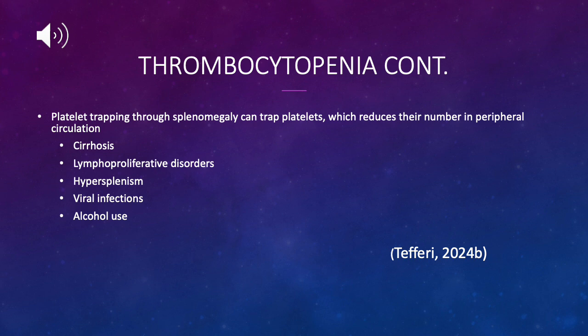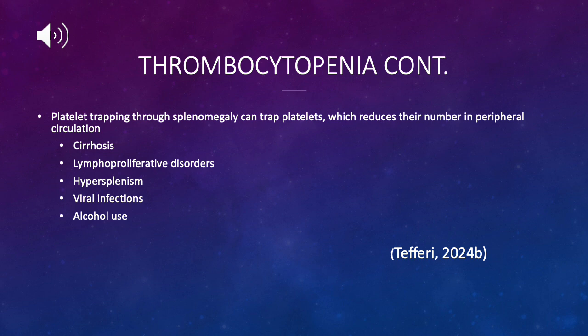This most commonly occurs in issues where you have something that is either damaging or irritating the spleen. So like in cirrhosis of the liver, you end up with portal hypertension, which backs up the flow into the spleen and causes the enlargement and the trapping of those platelets.